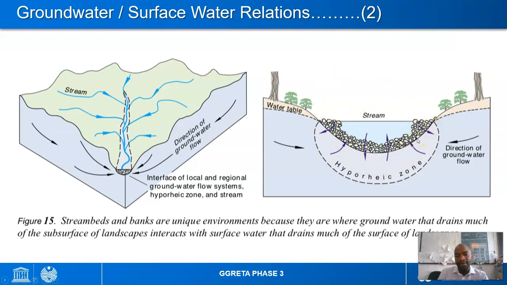Normally we refer to it as the hyporheic zone. It's very unique in terms of the conductance of that particular environment, and obviously it is meant to ensure that there is a smooth transition in terms of the exchange between the aquifer and the stream in this case, and vice versa.